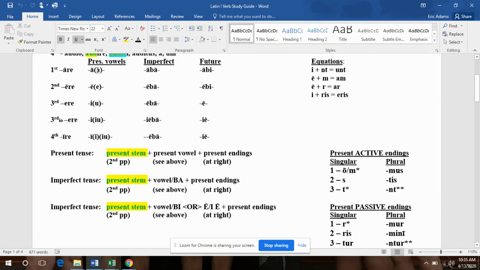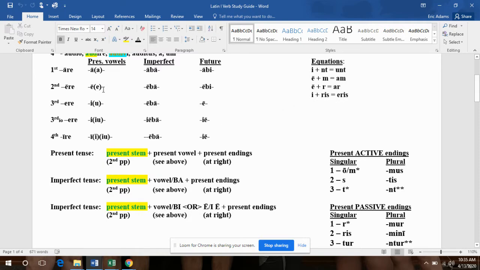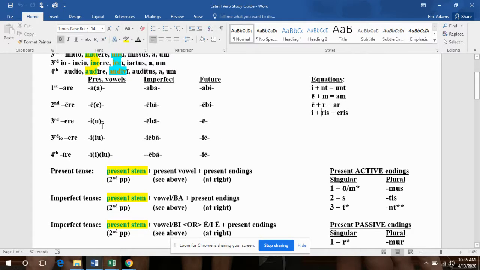They sometimes eat macrons and cause them to be short or appear short. And there are times in which there are even endings that cause vowels to change. For example, we all know that in the equations that we have right here, the i plus an nt equals unt, e plus an m, e plus an r, and i plus a ris, short i that is, ends up being eris. But those are the vowels that we have learned so far.